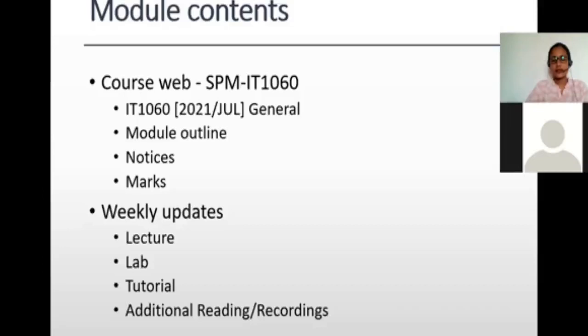In some weeks, you will be having labs. In some weeks, you will be having tutorials. Okay. So for both labs and tutorials, we are allocating 2 hours per week.